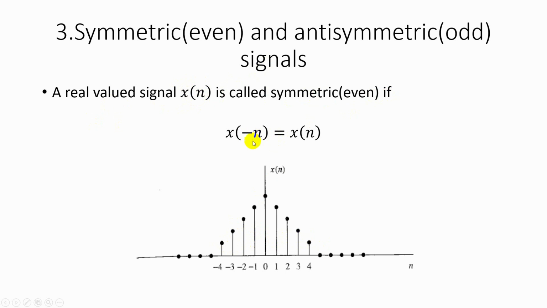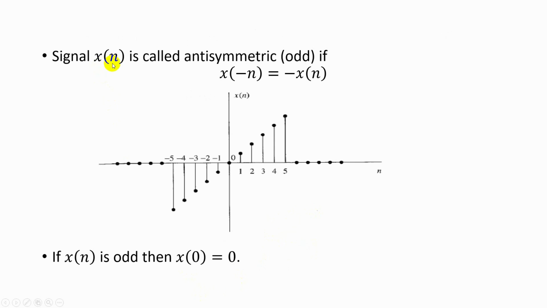X of minus n corresponds to negative values of n, x of n corresponds to positive values of n. A signal x of n is called antisymmetric or odd if x of minus n is the negative of x of n.